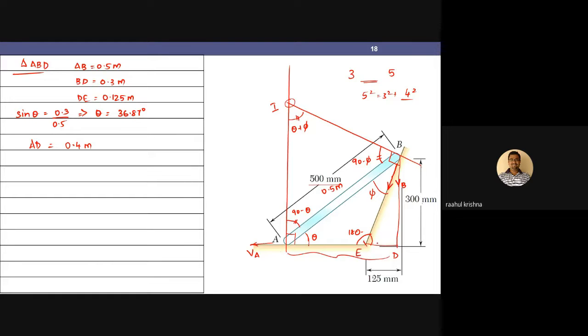I can't use theta there, right? So let me use alpha. So alpha equals tan inverse of 0.3 upon 0.125. How much is that?